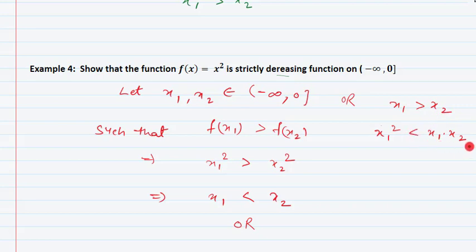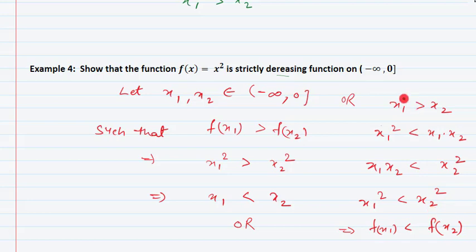So this is result 1. Now let us multiply the same with another negative number, let us say x2. In that case x1 into x2 again will be less than x2 square, which clearly gives us the result x1 square less than x2 square, which is nothing but simply f(x1) less than f(x2).